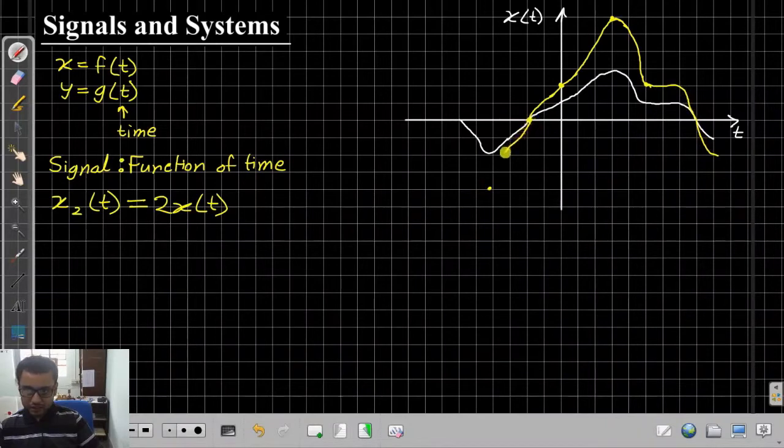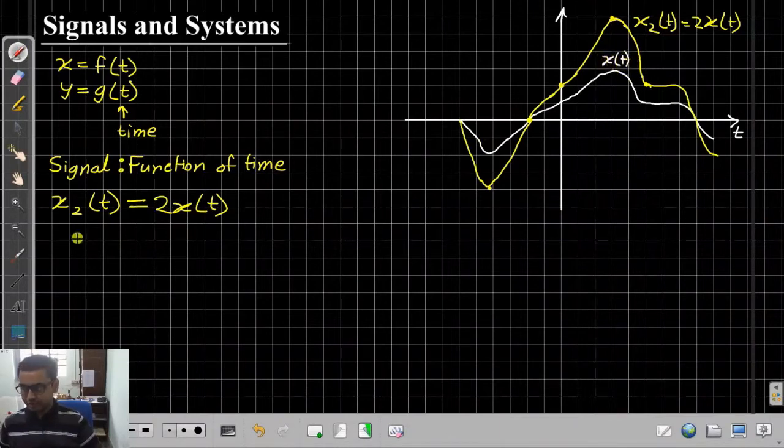And this is how x2 of t will look like. So this is x2 of t equals 2 x of t, and this is x of t.